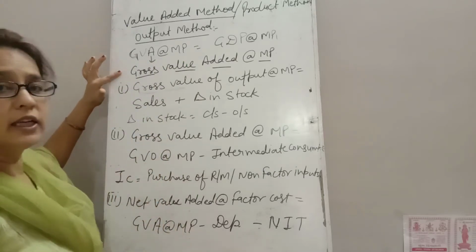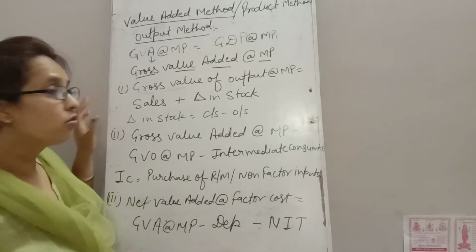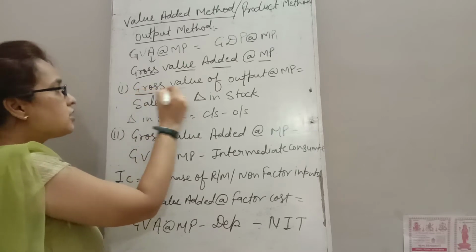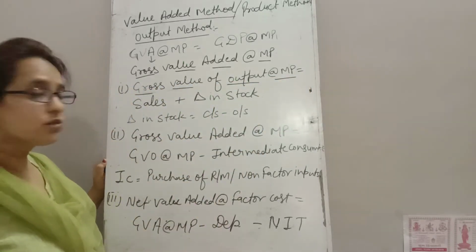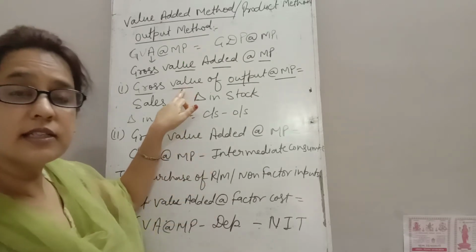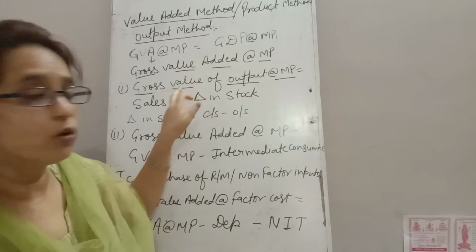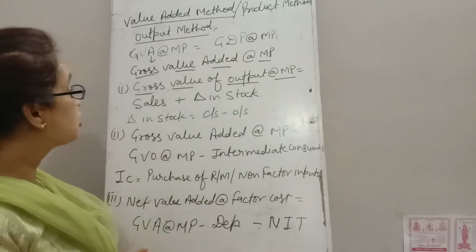For calculating GVA at MP, first of all we have to calculate gross value of output at MP. Gross value of output is also known as value of output.